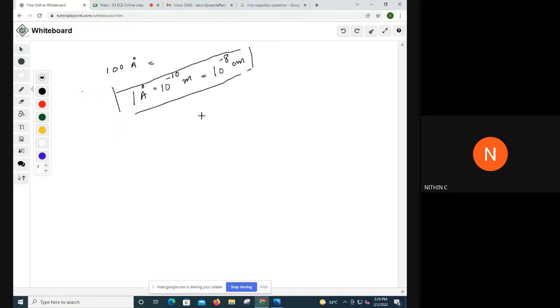First, you are asked about the depletion region width. Then the question says, you have a silicon MOS system with P-type substrate with Na given as 10 raised to 15 per centimeter cube.